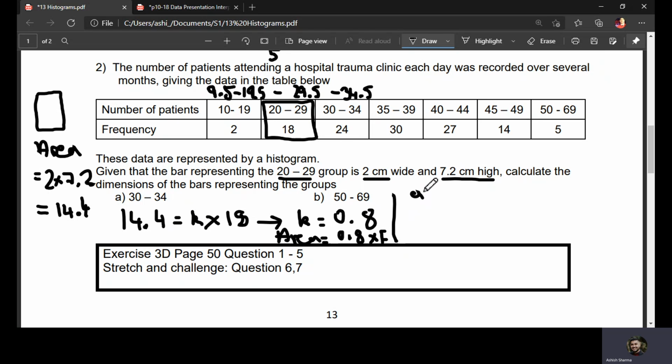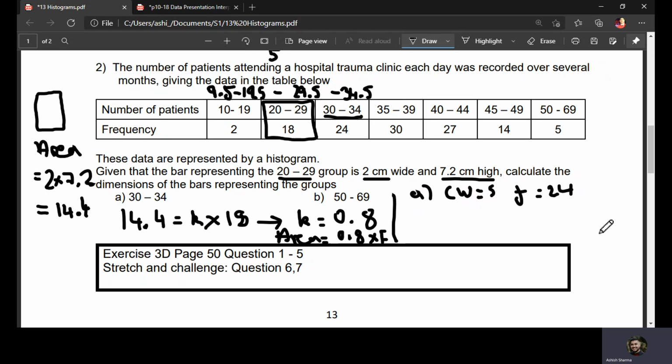So for part A, 30 to 34. If you think about 30 to 34, that class width isn't actually 4. That class width is actually 5 because it starts from 29.5 and goes to 34.5. So that class width is 5, and its frequency is 24.